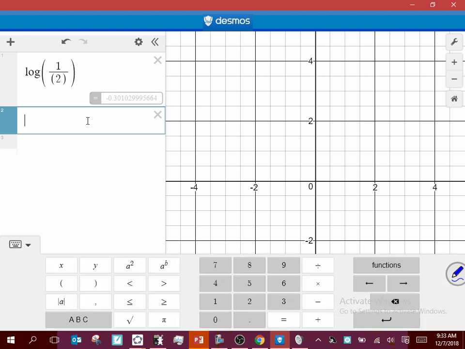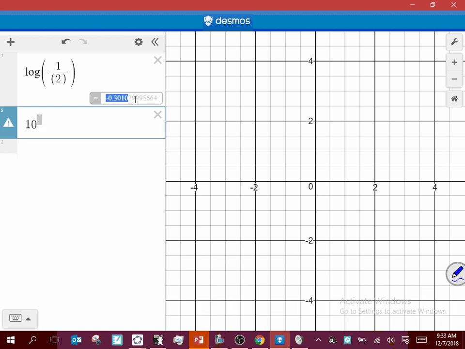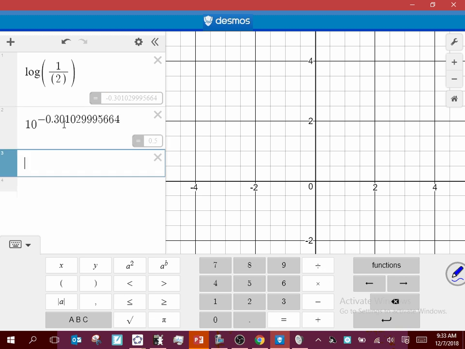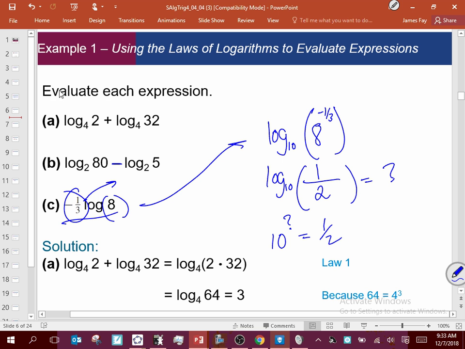But here's the idea. If I take 10 then raised to that number, hit enter, does it give me back 0.5 then? Okay, so that's validation that we're doing the right thing here with our calculator. Questions on that? All good? Okay. So that's when they say evaluate.